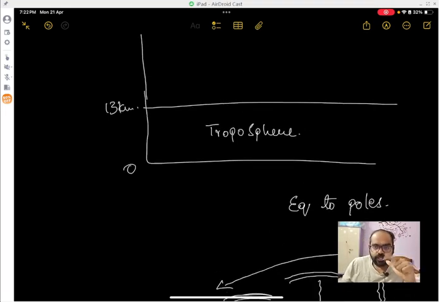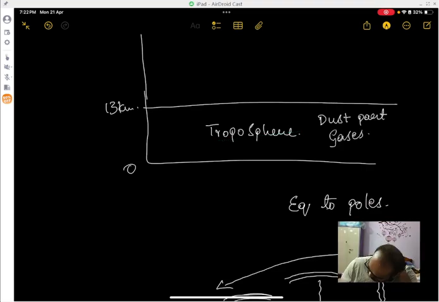This is the second thing. In the troposphere we can see all the constituents of the atmosphere: dust particles, gases, and water vapor.